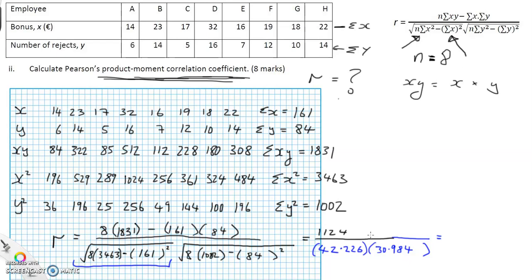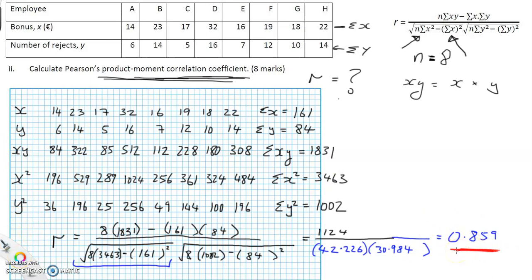Press equals, and I get 0.8591, right? And now I'm going to round to 3 decimal places, so that 1 isn't going to make much odds. So let's see if I can rub that out. Yeah, there. And now I'm just going to get red here, right?